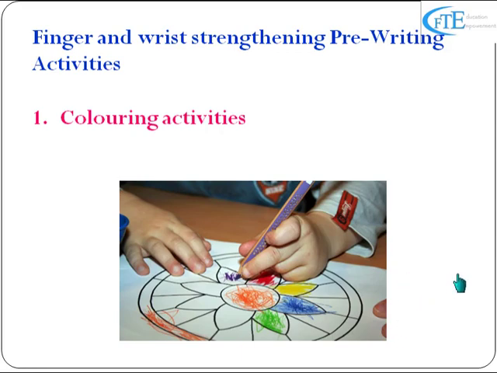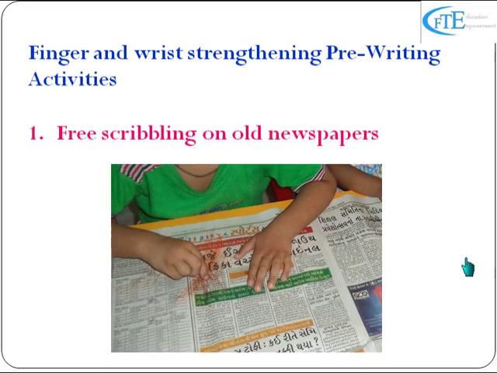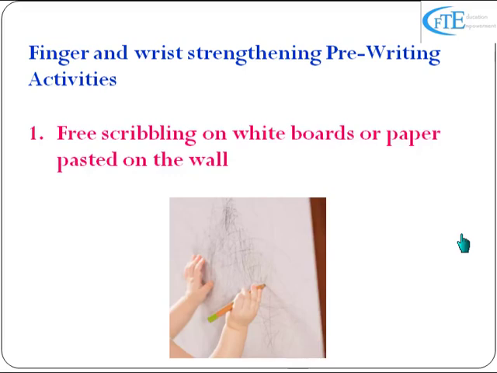Here you have coloring activities where the child has to color within given shapes. Scribbling on old newspapers is again a very good activity to strengthen finger gripping skills. Free scribbling on white boards or paper pasted on the wall.